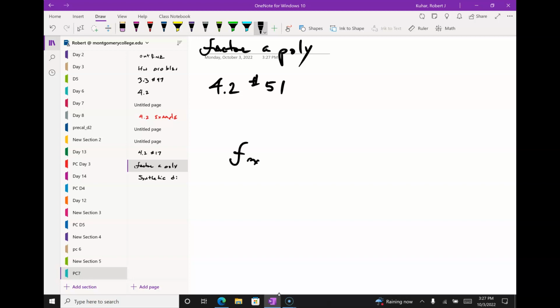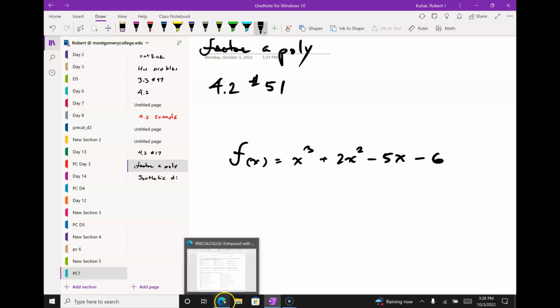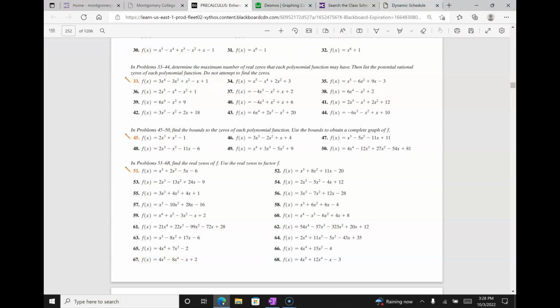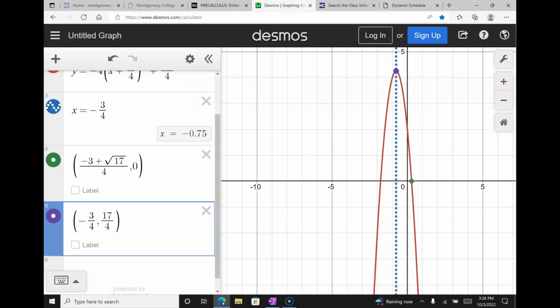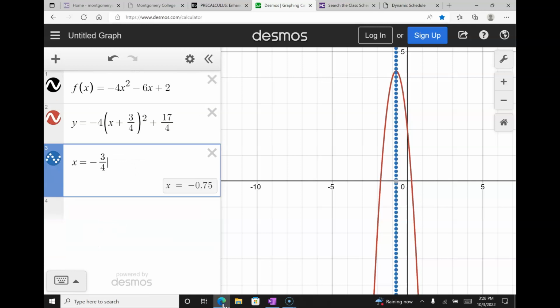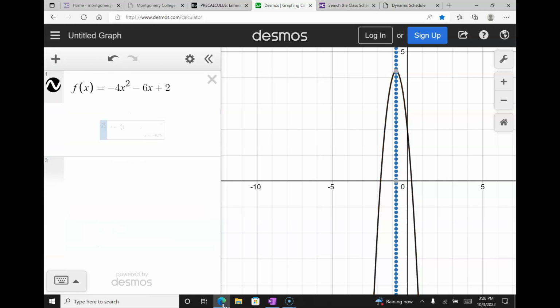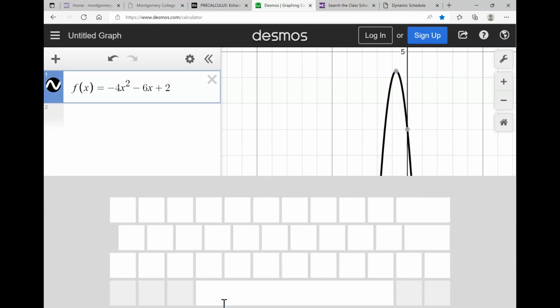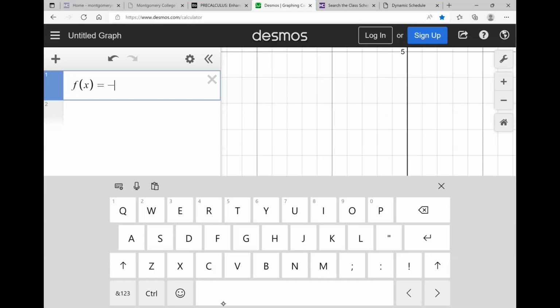So first of all, we're going to look at f of x. It's x cubed plus 2x squared minus 5x minus 6. And I'm going to see if I can find a 0. And I'm going to do that by looking at the graph. Here we go. Desmos. Every class will be doing Desmos, so I want you ready to work on it.